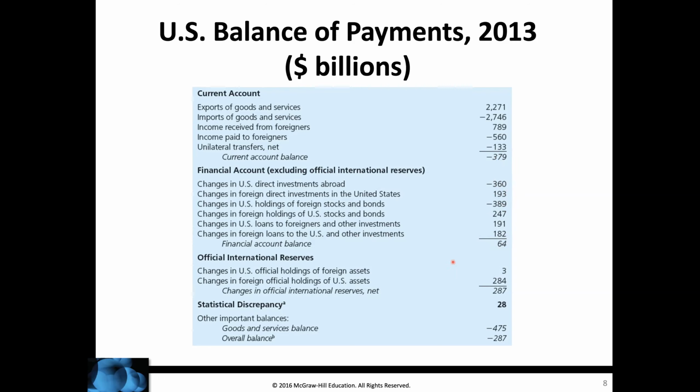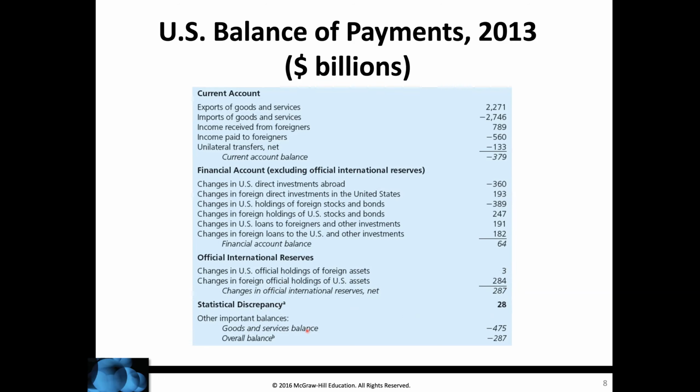Then we have our official international reserves. These are looking at changes in U.S. official holdings of foreign assets, and then changes in foreign official holdings of U.S. assets. So in this case, we've got 287 billion flowing in. And then lastly, in order to balance, we've got a statistical discrepancy of 28. So some other things to look at are the other balances.